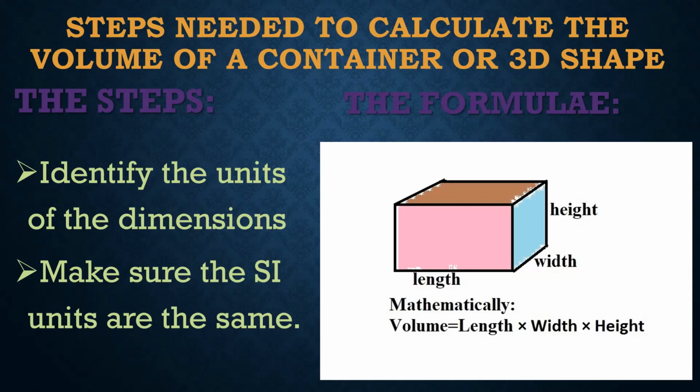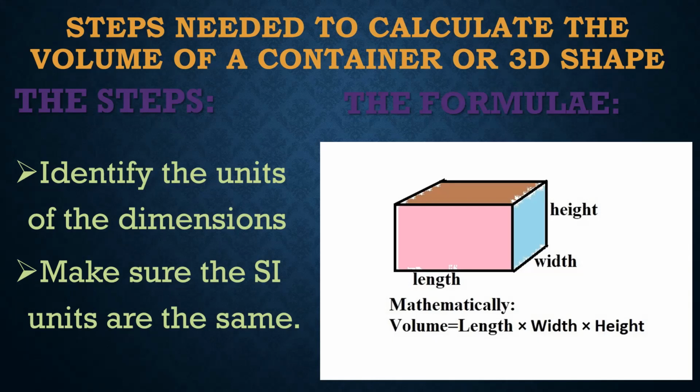Mathematically, the volume is equal to the length of the 3D shape, a shape with a length, width, and height. So the mathematical way of calculating the volume is: volume equals length times width times height. You multiply the length of the shape against the width and then against the height.